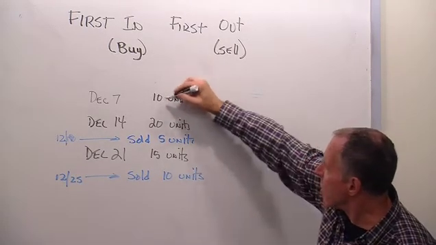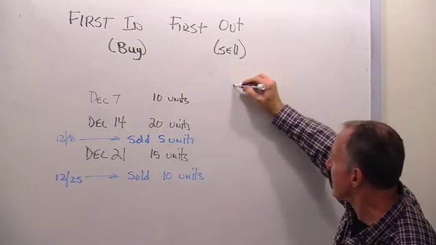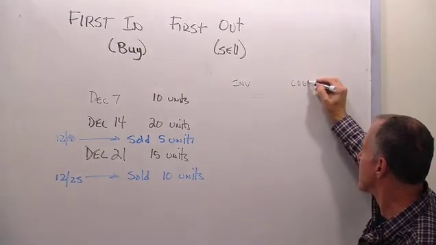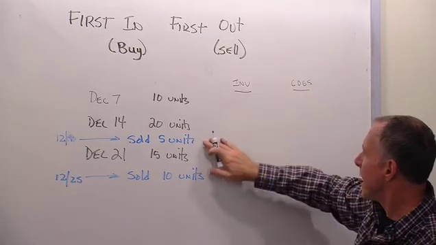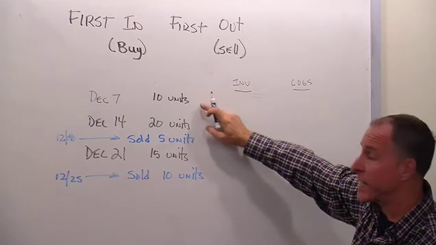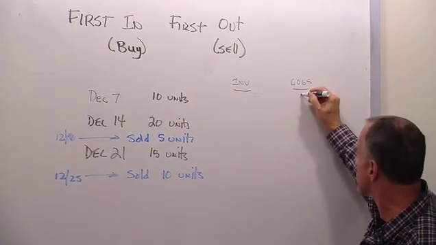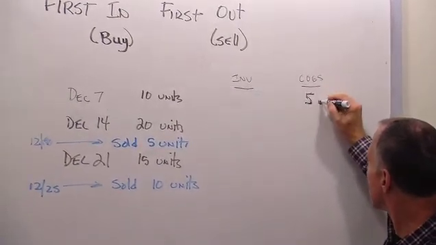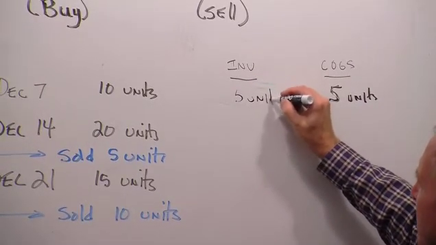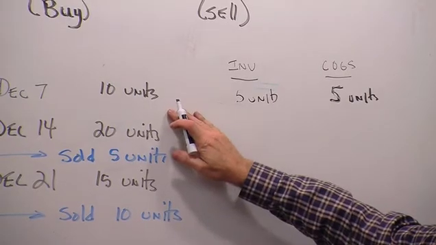So I'm going to say right here, inventory, and over here, cost of goods sold. These 5 units come from these 10 right here, so I'm going to put 5 units. That leaves us with 5 units from that first purchase.